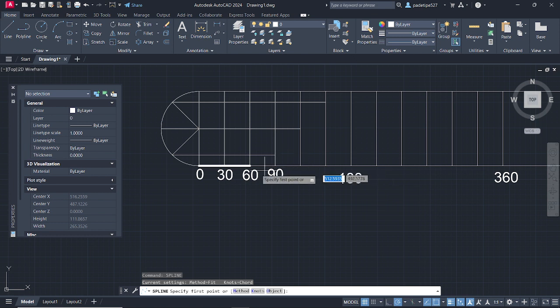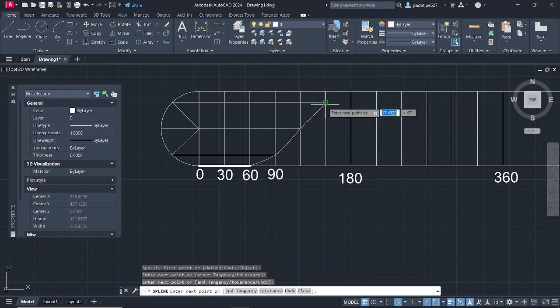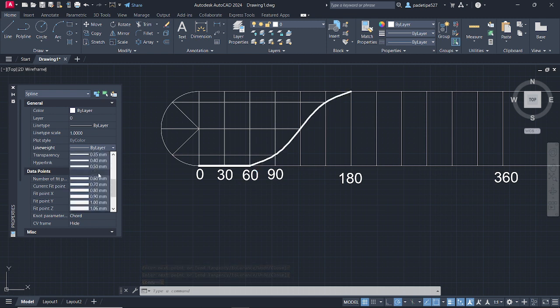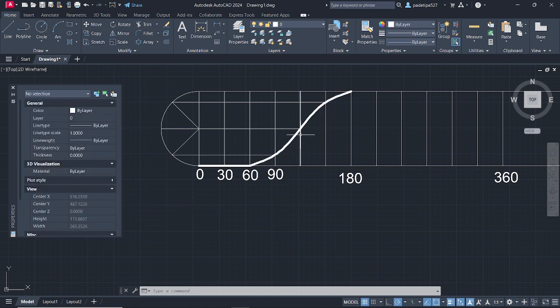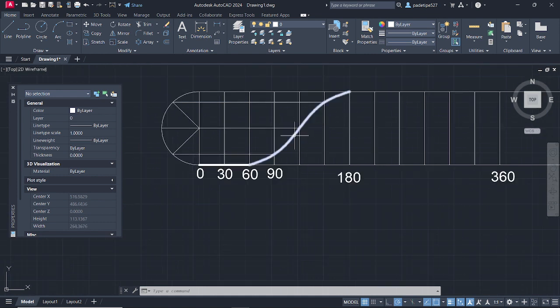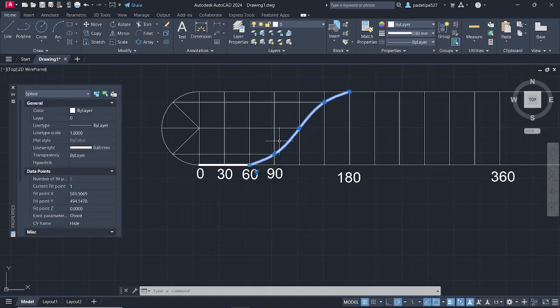Alright. So spline will start from this point to this point to this point to this point, then to this point. So the spline line, we can increase the line weight to 0.6, which was what I used. Now you can use this spline, but it's not really looking that good.